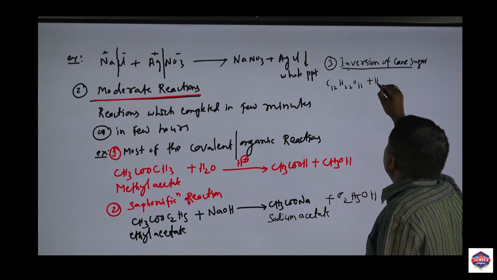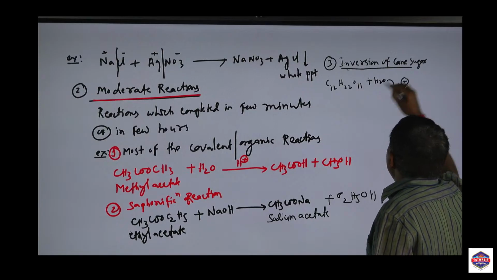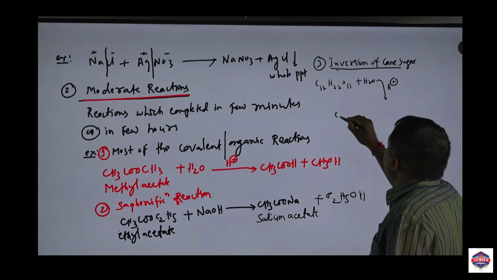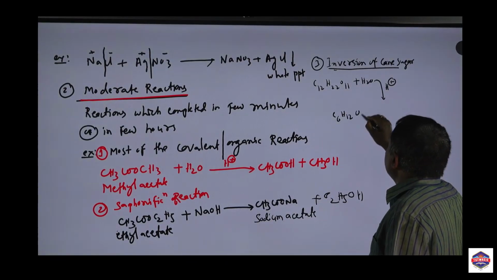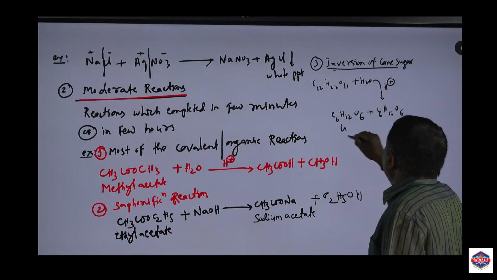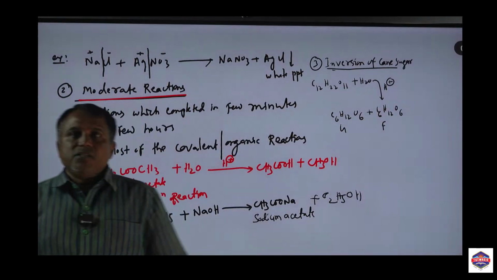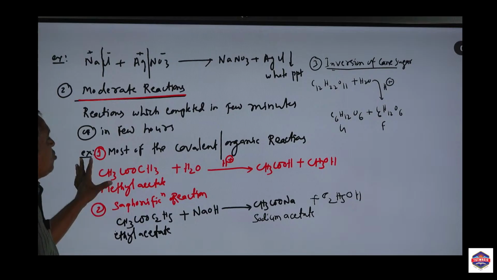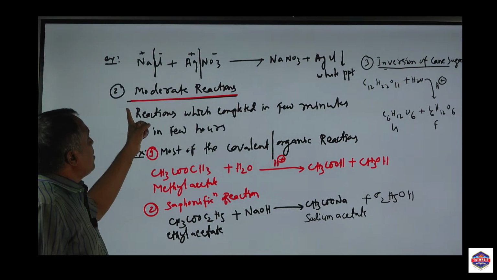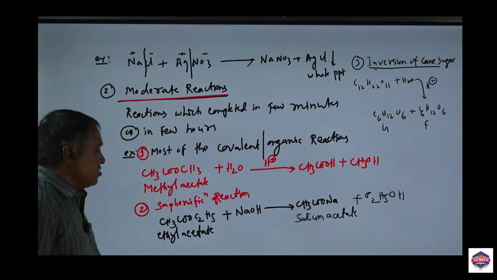On reaction with water, this hydrolysis generally occurs in the presence of acid. So you will get C6H12O6 plus C6H12O6. One is glucose and another is fructose. So all these reactions are covalent or organic reactions. Their rate is moderate, between very fast and very slow reactions.